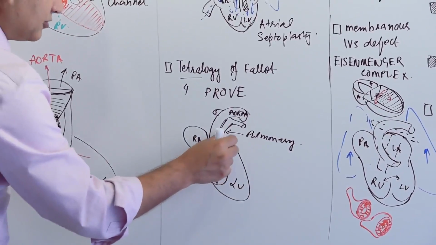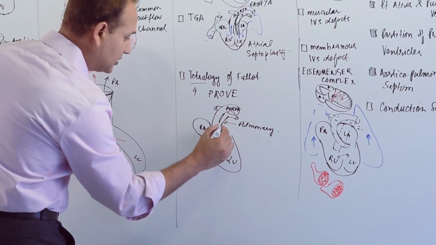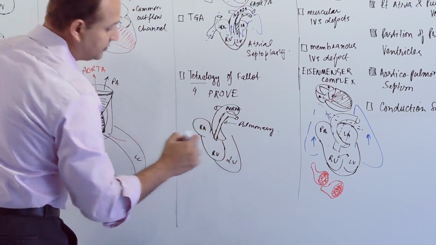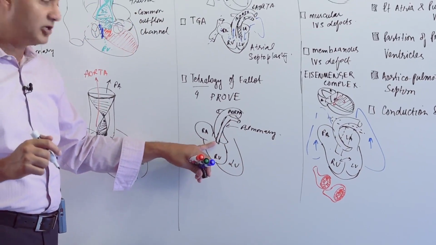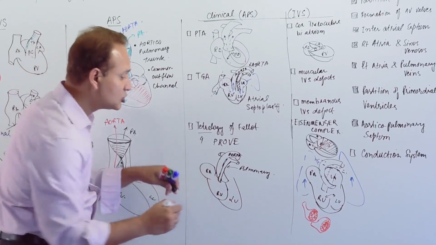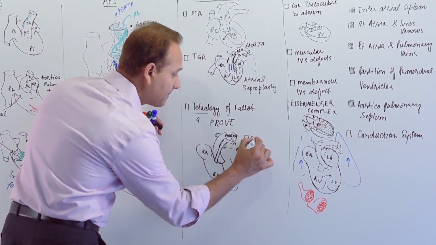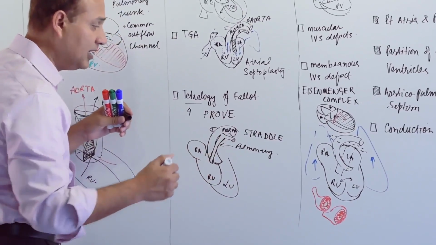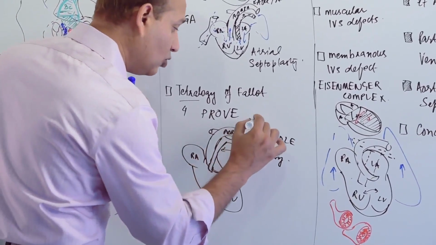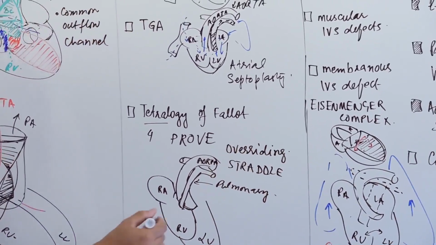So now what are you seeing? Let me clean it up a little bit. Now what you're seeing is a narrow, or stenosed, pulmonary trunk, and a straddling aorta. Straddle means it is going out of its way as well, or overriding. Overriding where? Overriding both ventricles, right ventricle and left.